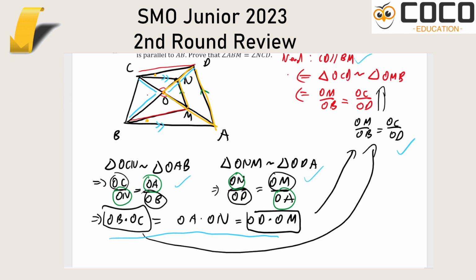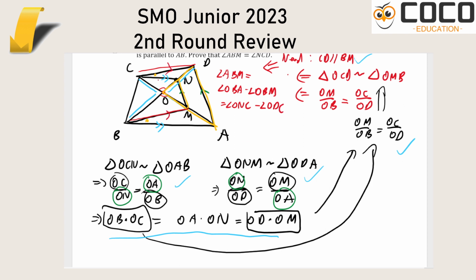So why would the parallel line there guarantee it? Now you have more than enough reason to angle chase. So I would then just say that angle ABM is equal to OBA minus OBM. The OBA is going to be ONC from the blue parallel lines, and OBM is going to be ODC from the new red parallel lines that we have just discovered.